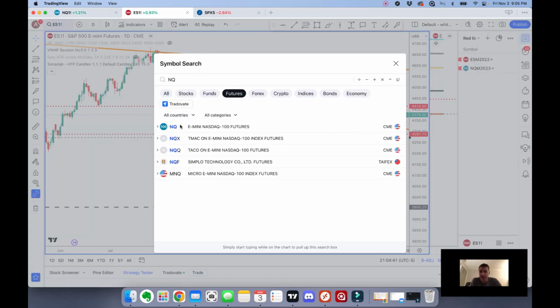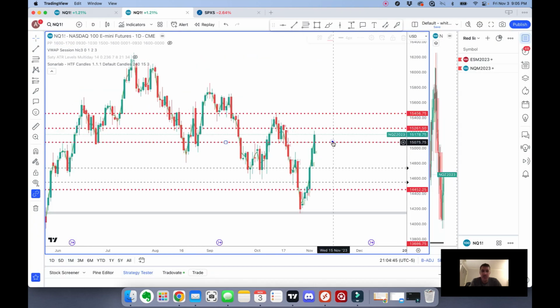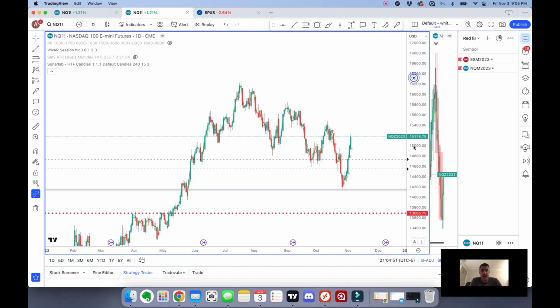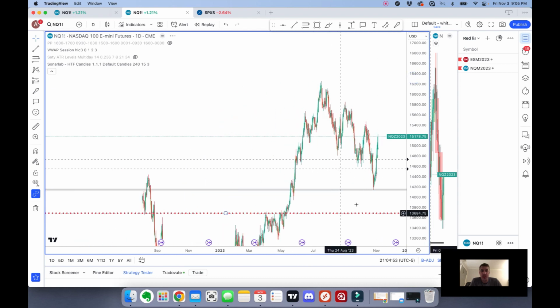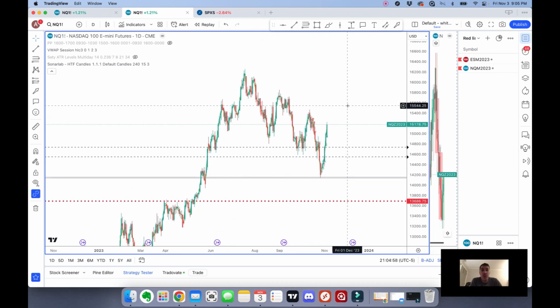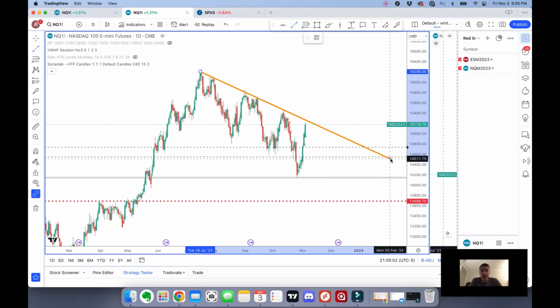Other than that, let's look at NQ on a daily, right? Okay, so you see how that was a pretty big recovery, but we're not out of the woodworks. Why? At least on NQ, what do we have?